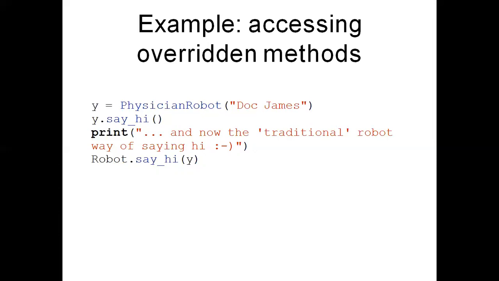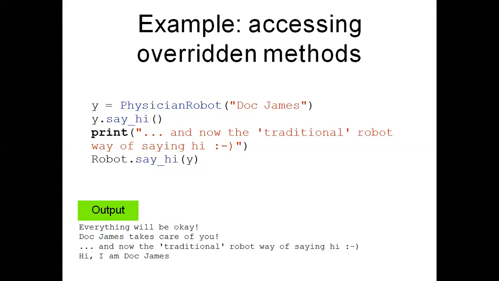I am bypassing the new way by using the Robot base class's say_hi. Initially the derived class method is invoked, saying everything will be okay, Doc James takes care of you, and then the traditional robot way of saying hi: Hi, I am Doc James. So this is how the original method and the new one are called.